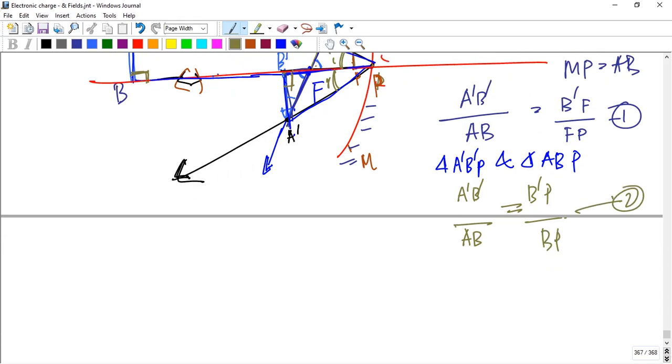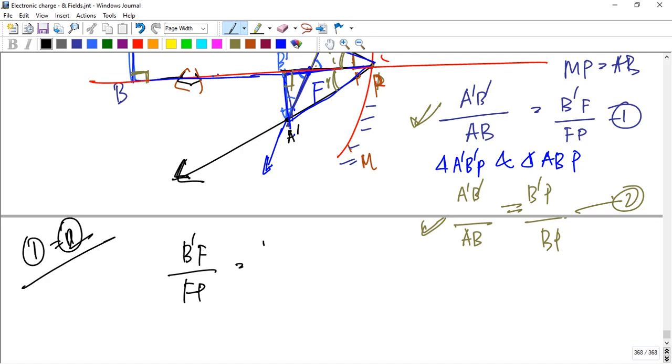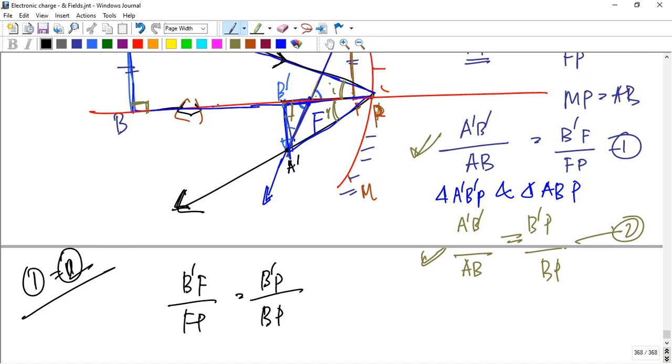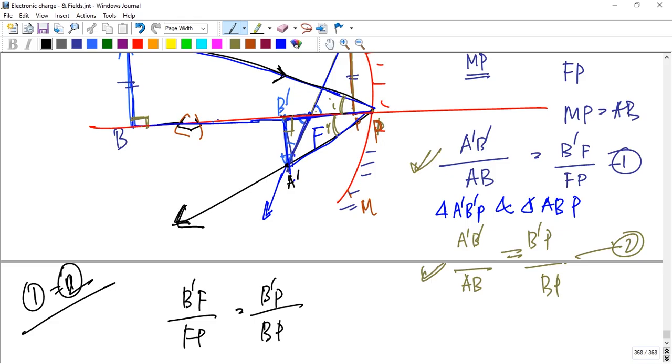And you see that equation 1 and equation 2 are the same. So here 1 equals 2, and we get B dash A by FP equal to B dash P by BP. B dash A means this length.